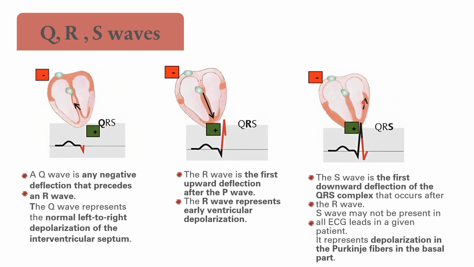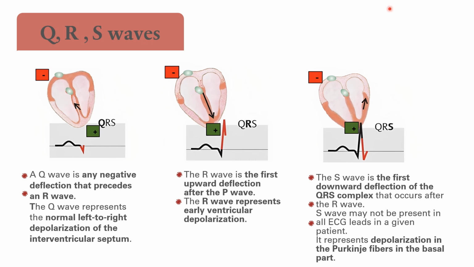And then we have the depolarization of the base of the heart. This part is called the base of the heart. And the direction of the depolarization is away from the positive electrode.